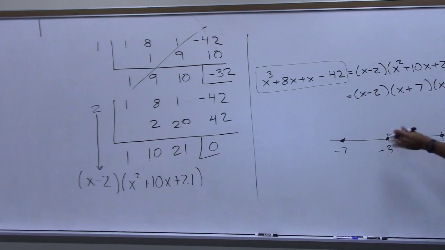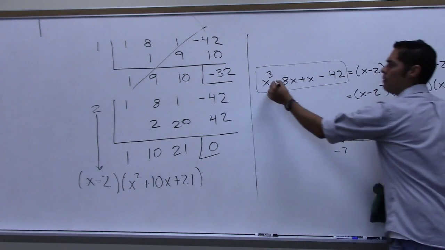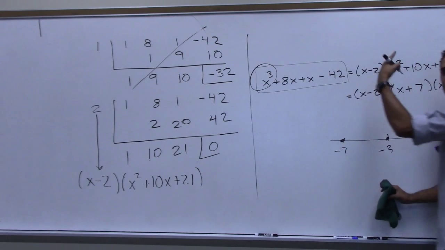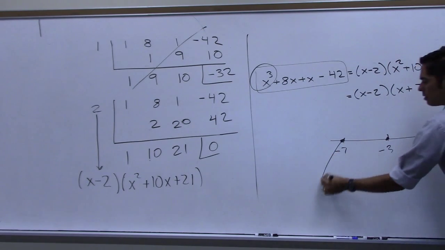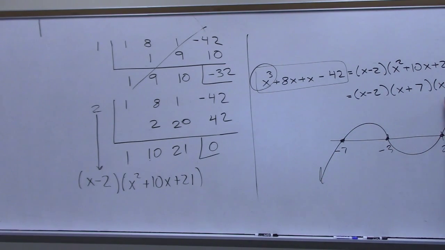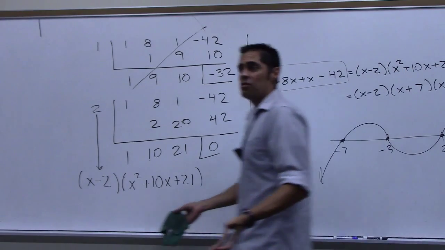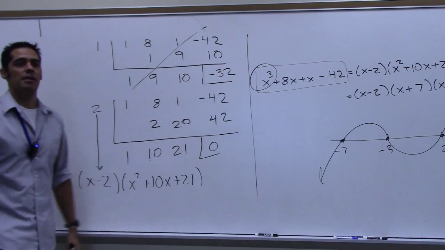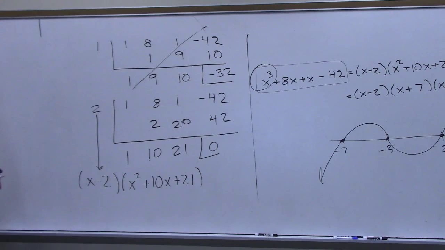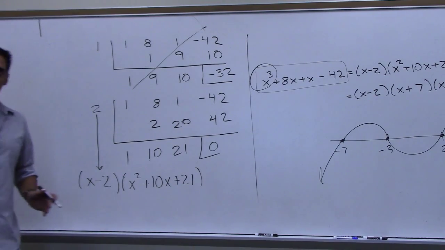What's the multiplicity? Touching or crossing at these? Crossing at all of them? And the leading coefficient test would have told us the left side went down, the right side went up. So it looks like this. We can actually graph it now because we can get the x-intercepts. All right, let's try the next one.